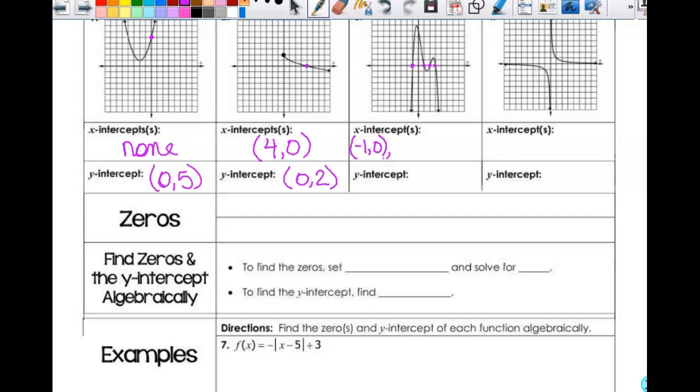Now, these are not intervals, so there's no union. It's just a comma because it's a list of ordered pairs. -1, 0, 1, 0, 2, 0, and 3, 0. And so at this point, it might be better to express my answer differently instead of X-intercepts, but we'll get to the zeros here in just a second.